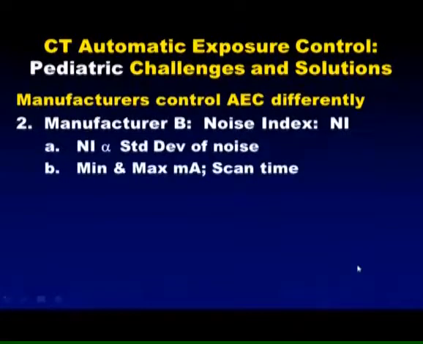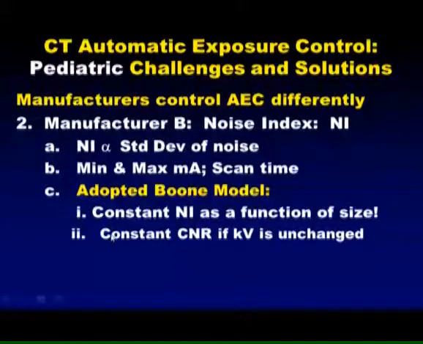Manufacturer B, that's GE, uses a noise index, which is proportional to the standard deviation of the noise in the image, and you set a noise index and you set a minimum and a maximum mA and a scan time. Well, GE made the same mistake that John Boone and others made back in 2003. It assumed that the same noise index could be used regardless of the patient size.